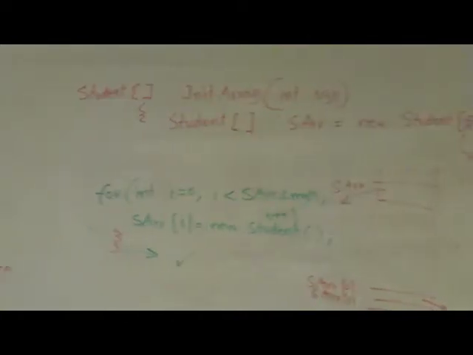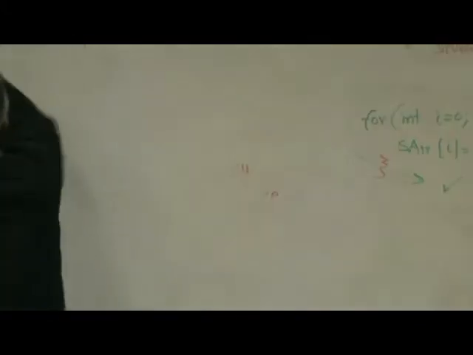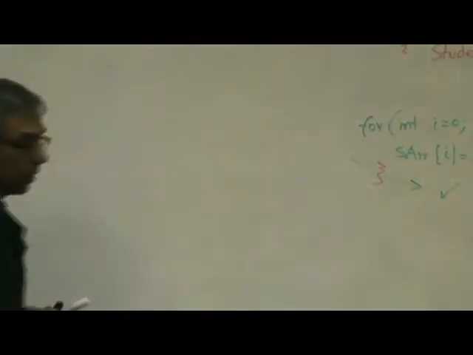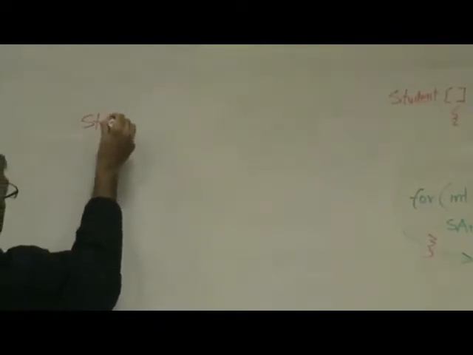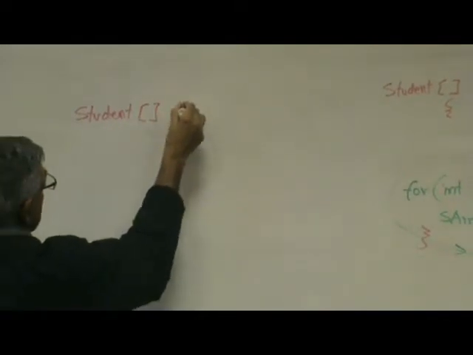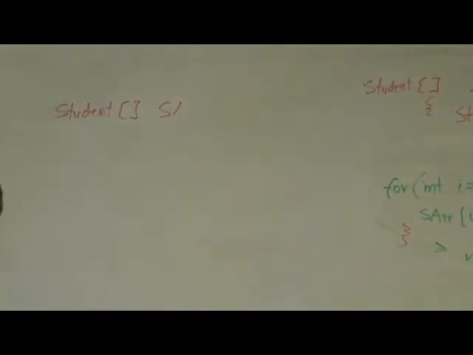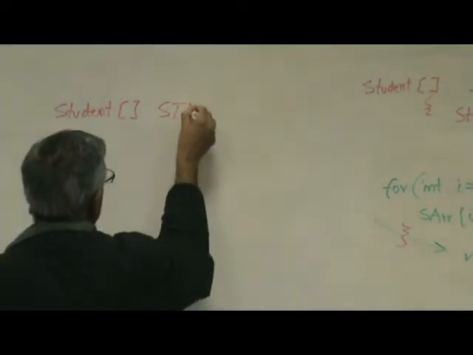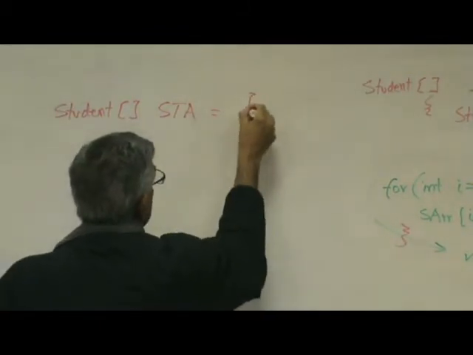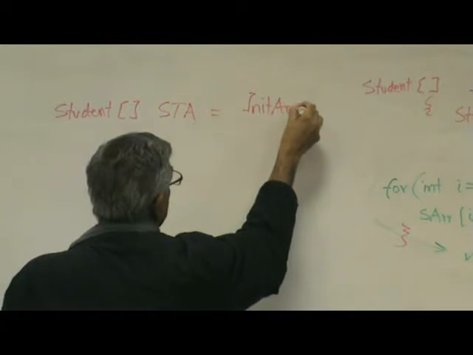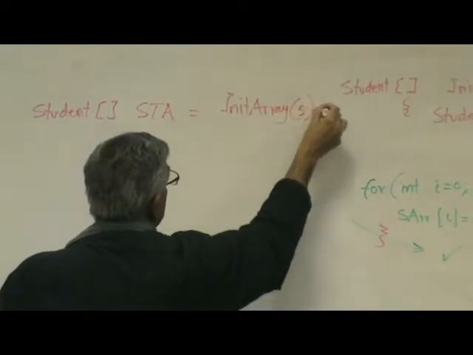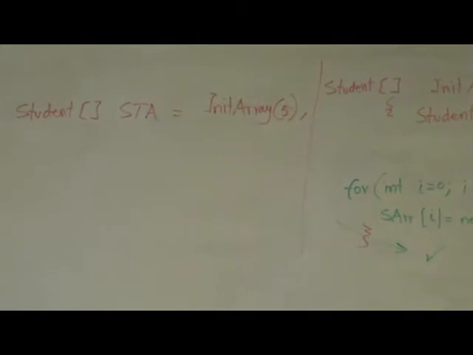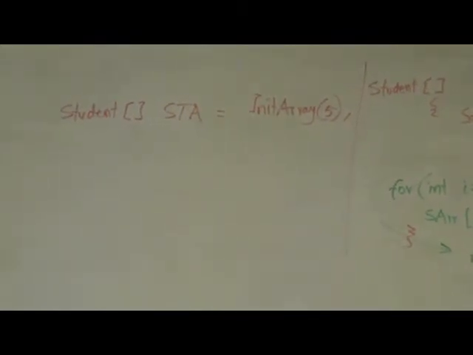So how will the caller call this function? The caller will call this function something like this. Student, let's say S array or SD array, but let me give it some other name. So let's call it SDA equal to init array of 5, for example, correct? And now this will create the memory and give it to us.